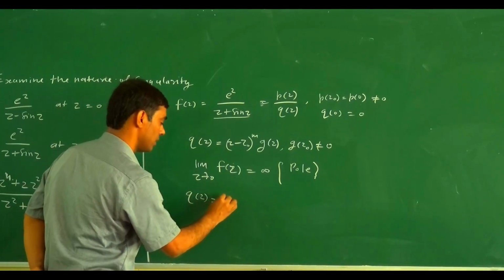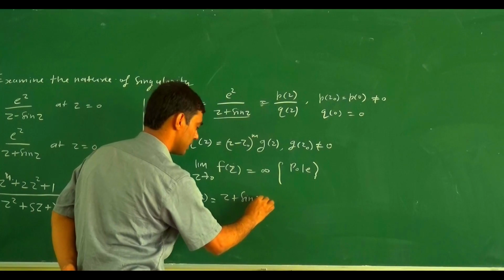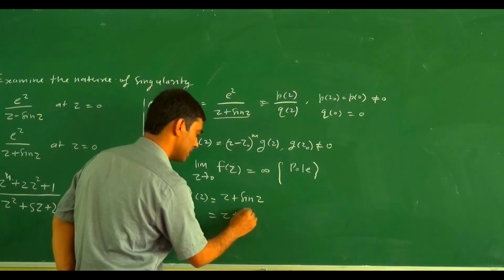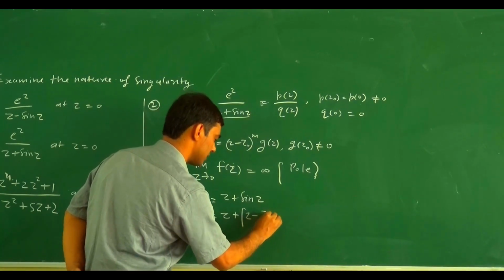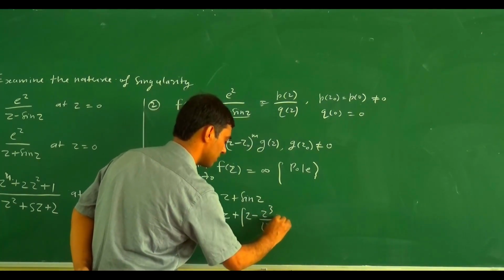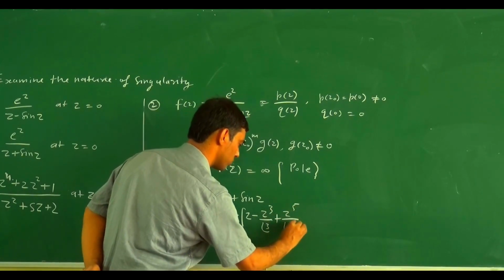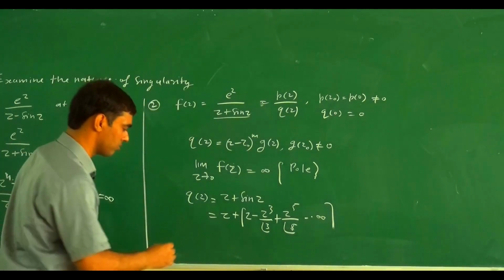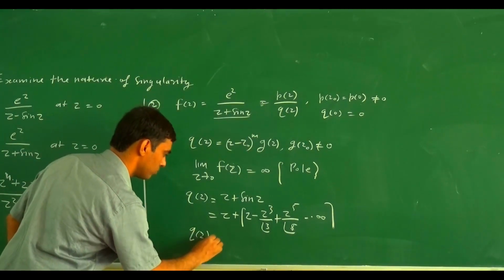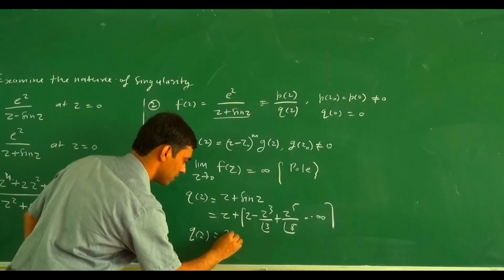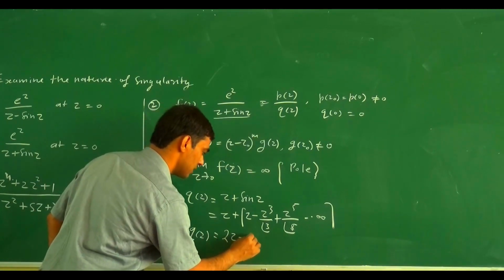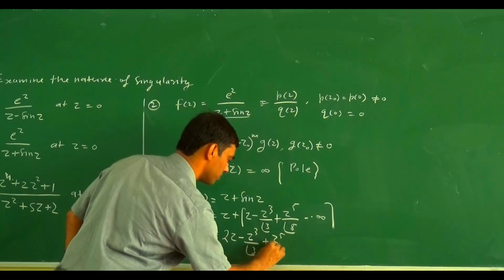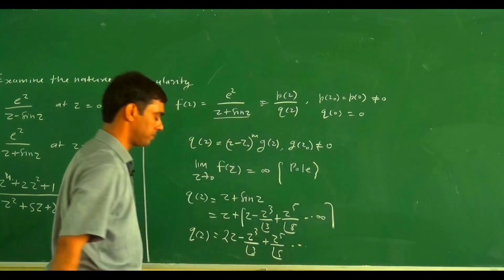Q(z) equals z plus sin z. We expand the sin z, then z plus sin z is z plus z minus z cube upon factorial 3 plus z to the power 5 upon factorial 5 up to an infinite number of terms. If we simplify this one, Q(z) becomes twice z minus z cube upon factorial 3 plus z to the power 5 upon factorial 5 and so on.